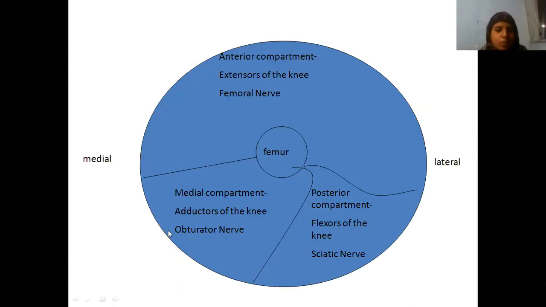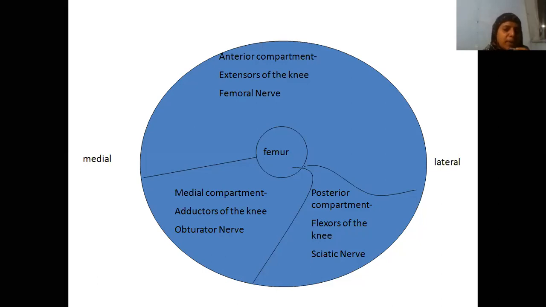We know this picture from the anterior compartment also. This is a transverse section of the thigh, which helps us to understand the compartments, right? What is the deep fascia of the thigh called? Fascia lata, isn't it? We have certain modifications of fascia lata like the iliotibial tract, saphenous opening, cribriform fascia, and the intermuscular septae.